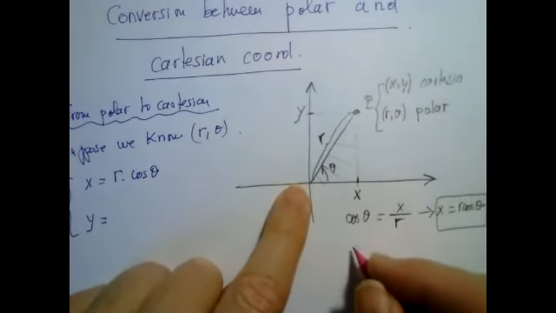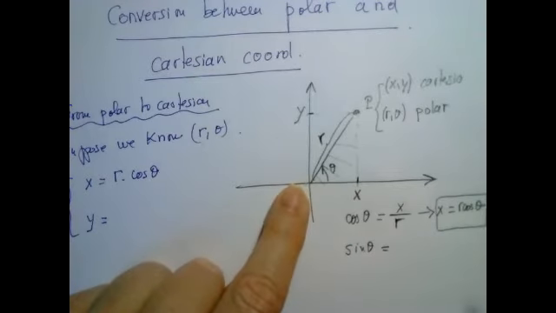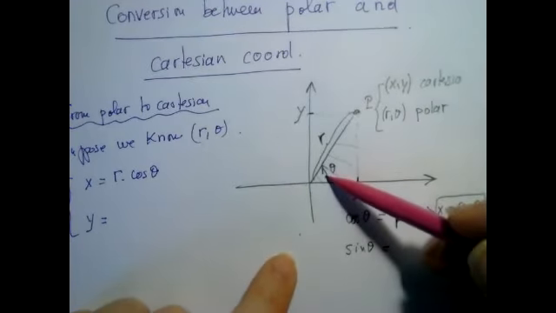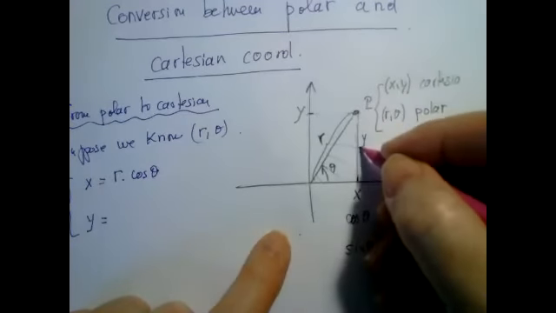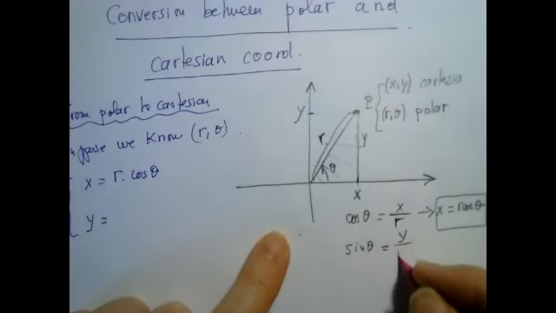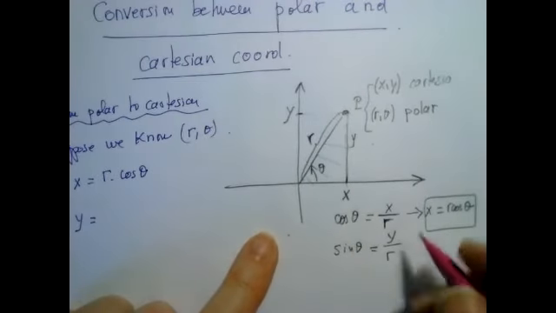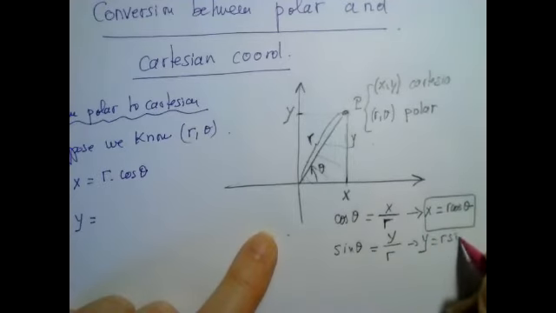Now what's going to be the sine? The sine is the opposite, this is my y, over my hypotenuse, which is the r. So this will give me that my y has to be r sine theta.